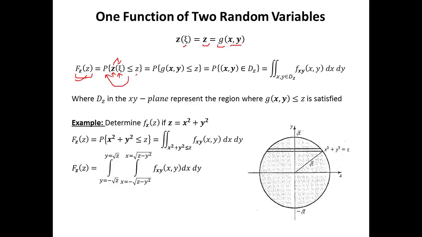Simply substituting the expression of Z in terms of g(X,Y), we get this probability as the probability that g(X,Y) is less than or equal to z. We can also say that this is the probability that (X,Y) belongs to the region D_z, where the region D_z is a region in the XY plane where the condition g(X,Y) less than or equal to z is satisfied.